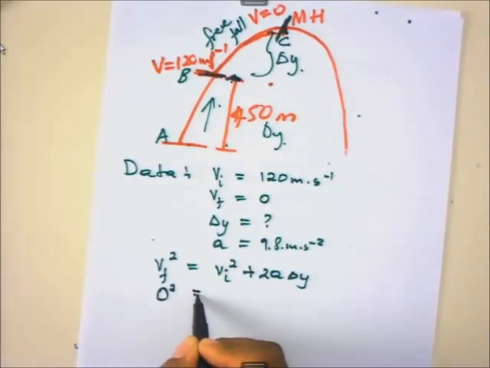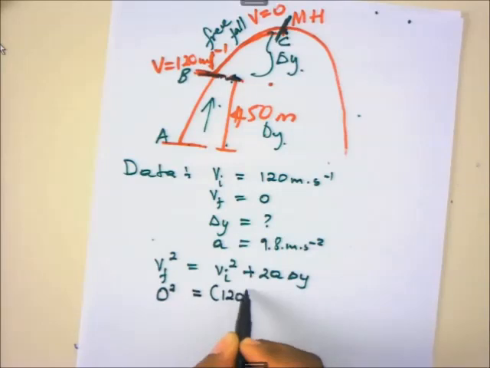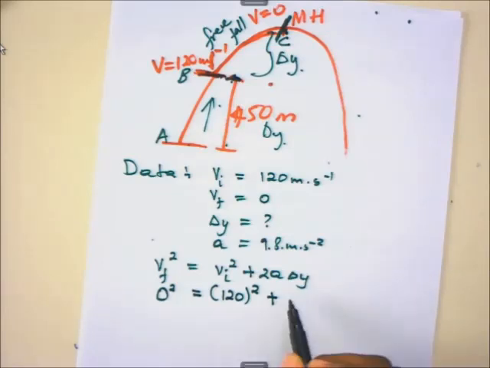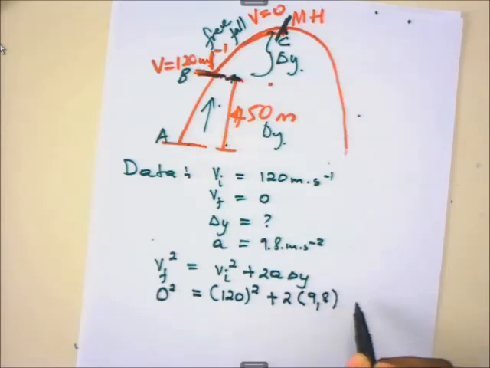And also, our VI is 120. The other thing is, do not include the units when you substitute. Just write the magnitude. And then this 2 times 9.8 delta y.